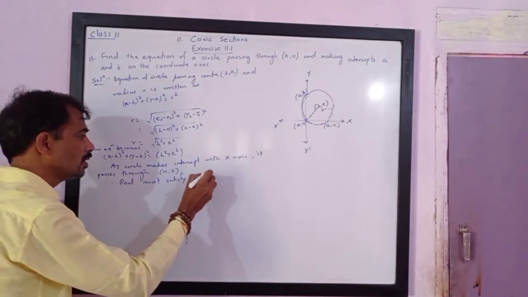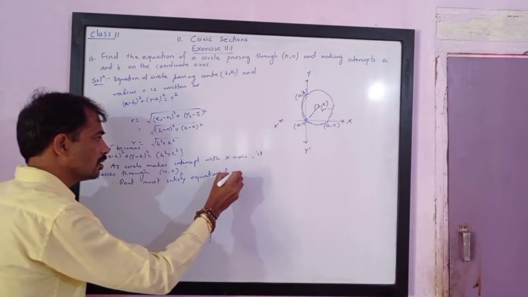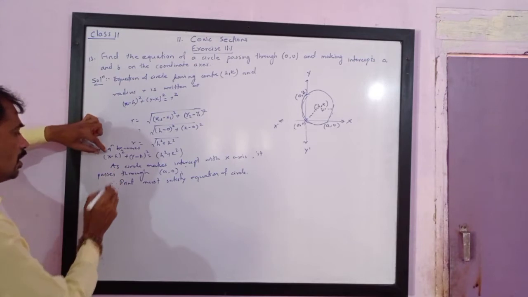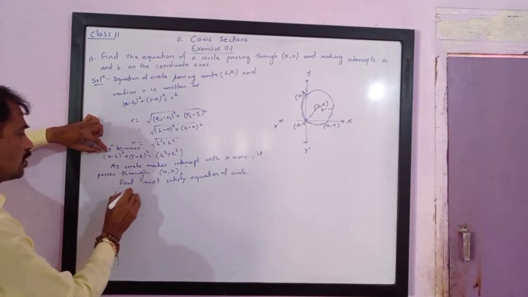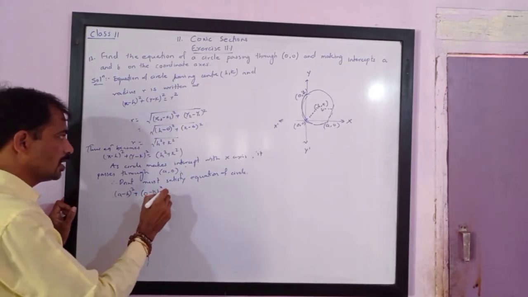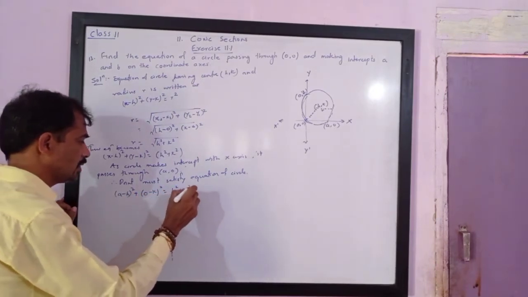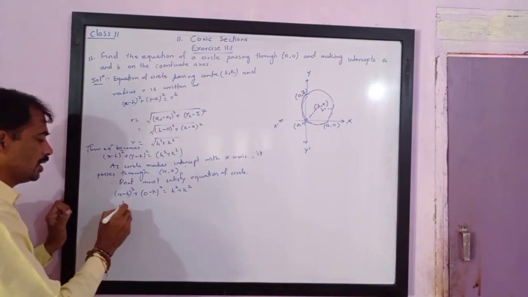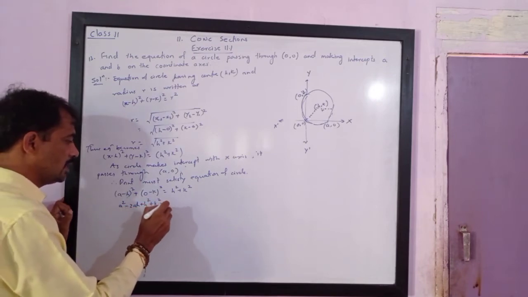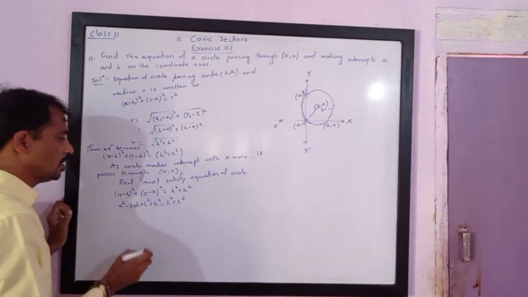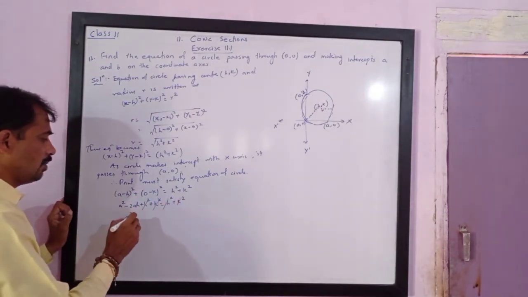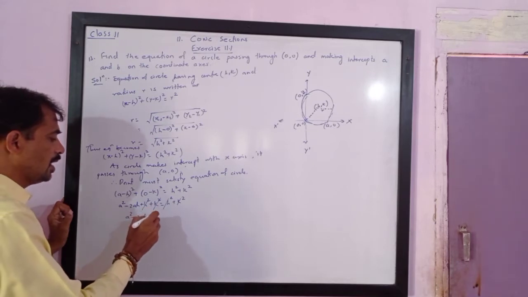the equation of circle. So equation of circle will become (a minus h) whole square plus (0 minus k) whole square is equal to h square plus k square. So if you expand this, you will get a square minus 2ah plus h square plus k square is equal to h square plus k square. So h square and k square cancel, we get a square minus 2ah is equal to 0.